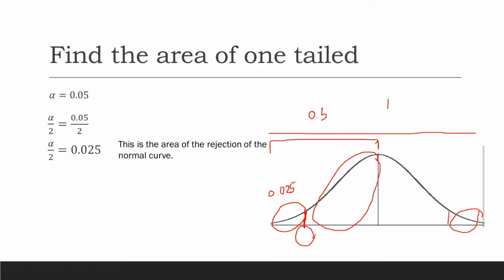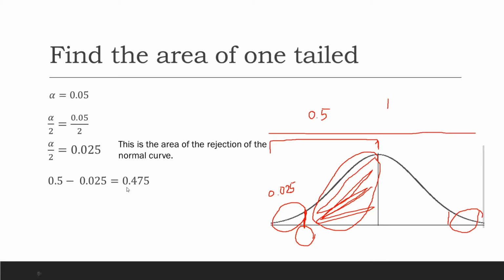And then, meron na tayong 0.025, so we need to subtract it. Kasi hindi na siya kasama sa ating area dahil etong part lang yung kukunin nating area. Ayan. So, ang gagawin lang natin is magsasubtract. So, therefore, 0.5 minus 0.025 is equal to 0.475.